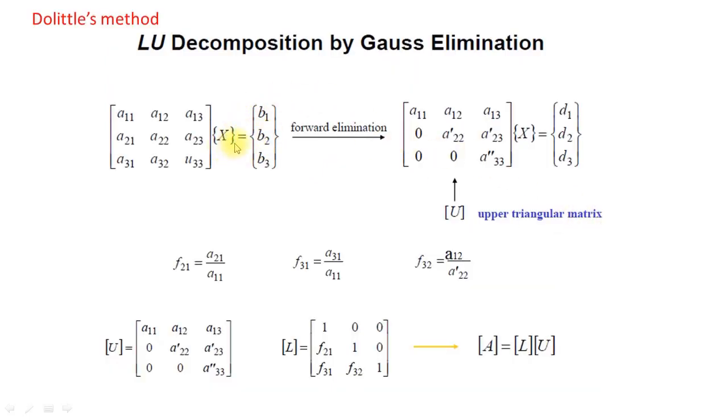Now if you want to decompose the matrix A by the LU decomposition method, you can easily use Gaussian elimination. First of all, find the upper triangular matrix, and you know that we can obtain the upper triangular matrix simply by echelon form.